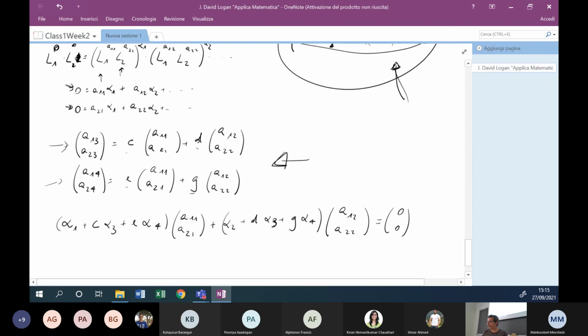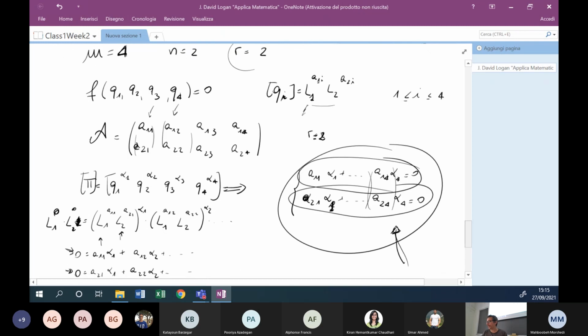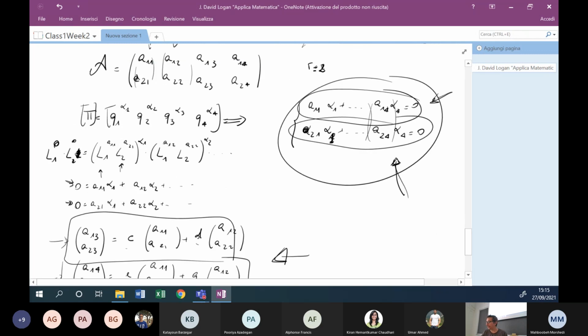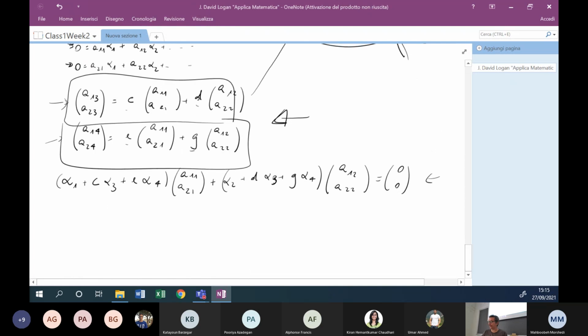So basically this is exactly the same linear system that we have here if we substitute these two expressions here. So I take these two expressions and substitute in the linear system. And what I get is this other linear system.